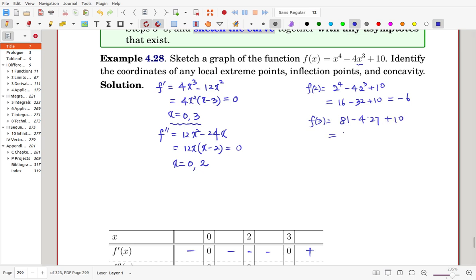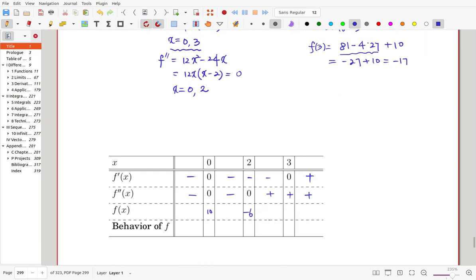That is 27 times 3, so there's a minus 27 along with that, two of them, and plus 10. So it is minus 17.